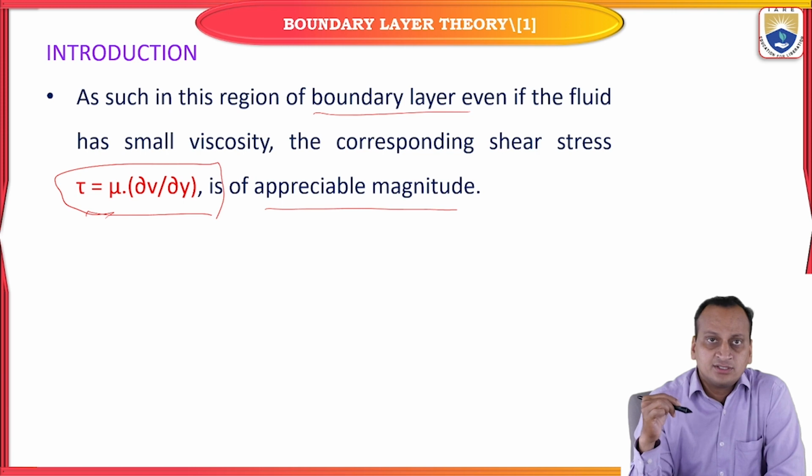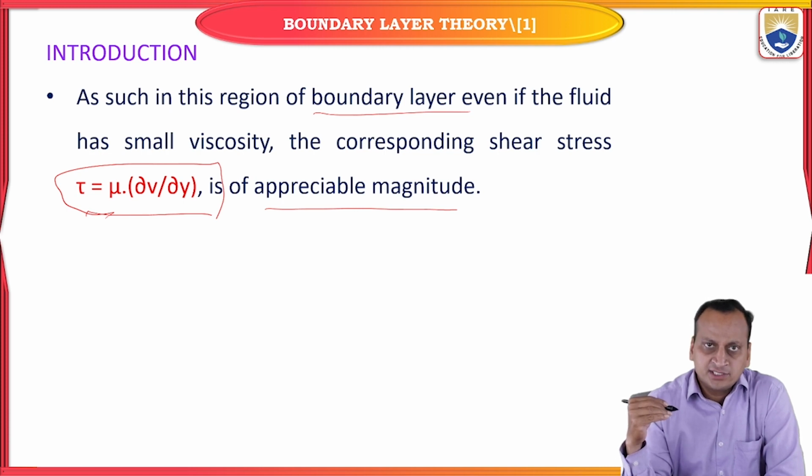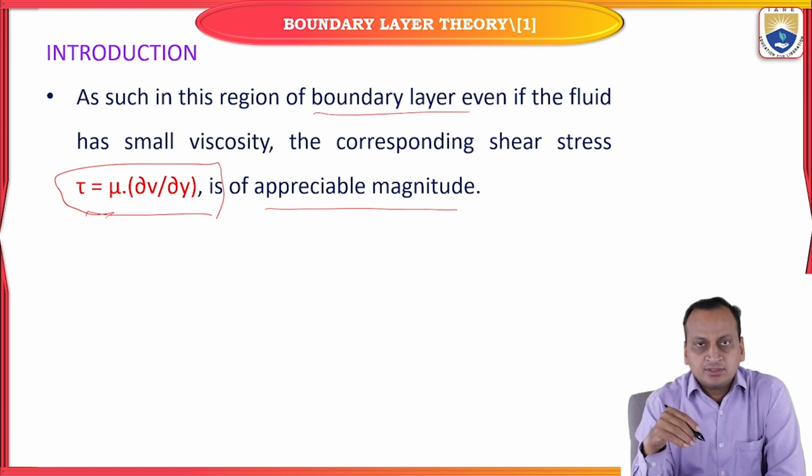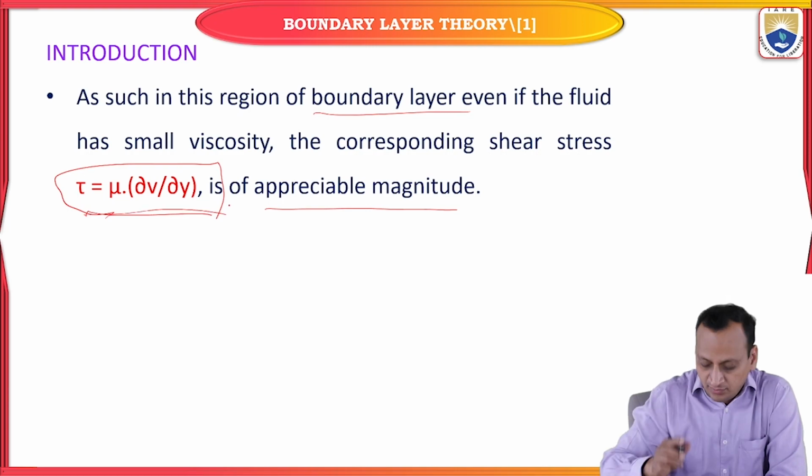This is also known as Newton's law of viscosity. On account of viscosity, the first layer is sticking, and the adjacent layers also experience shear stresses, which gradually vary based on the velocity. That is tau equals mu into dou v by dou y.